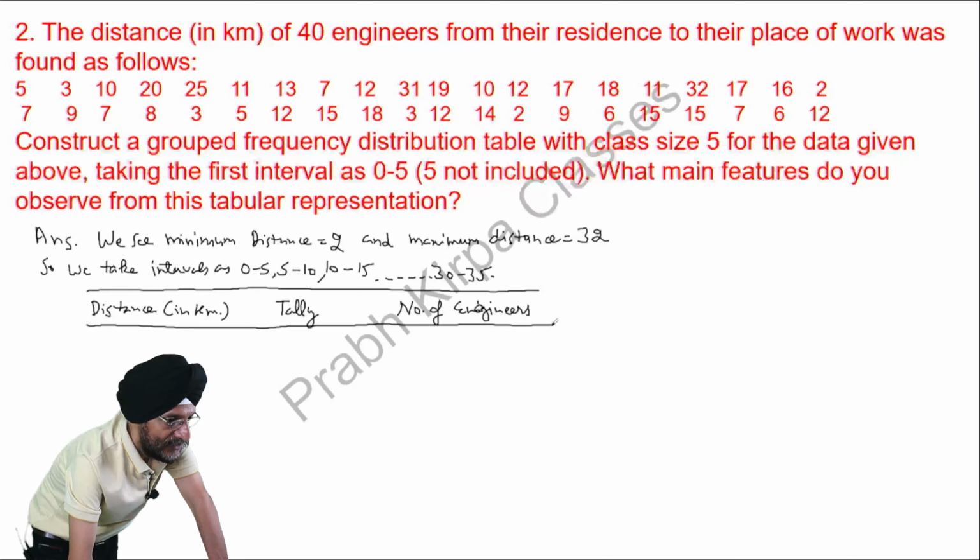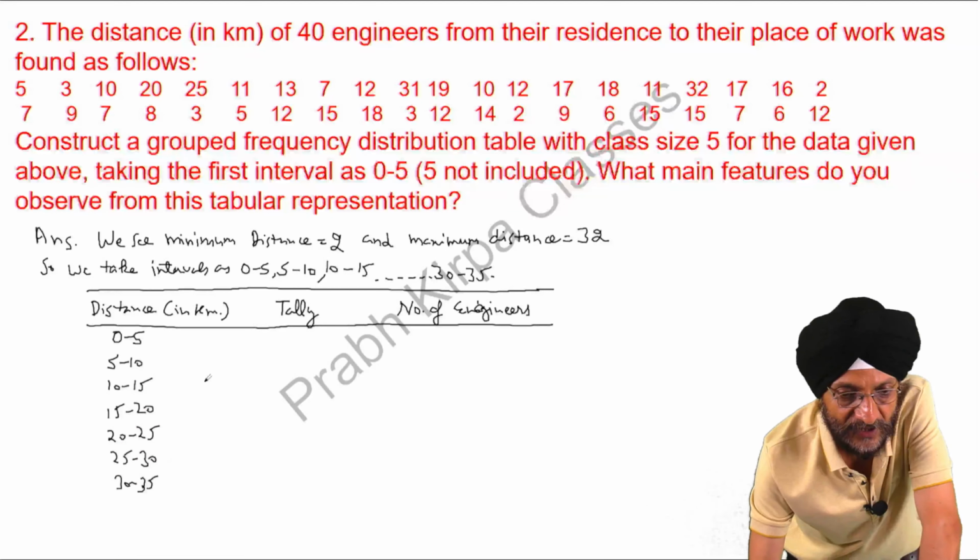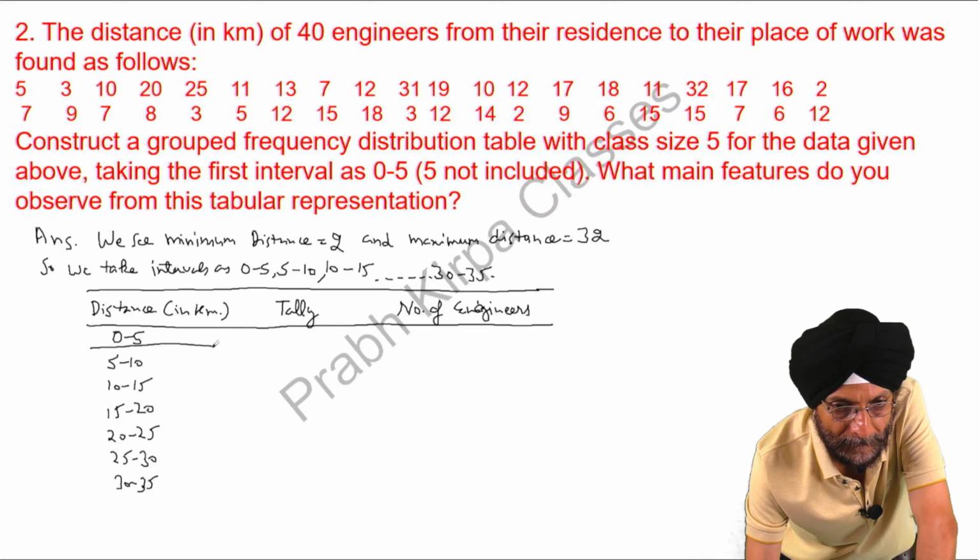So these are the columns which we have to form. The first interval will be 0 to 5, then 5 to 10, 10 to 15, 15 to 20, 20 to 25, 25 to 30, and 30 to 35. These will be the groups.